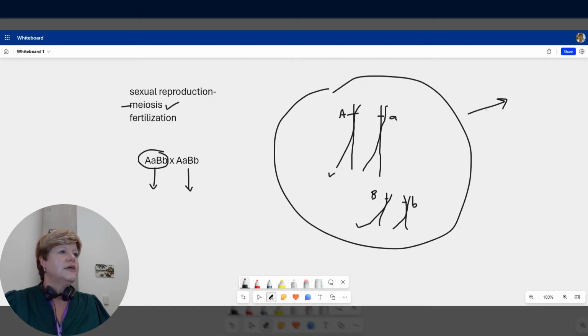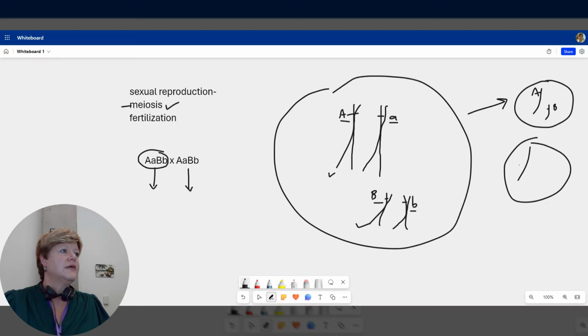So what we're going to say is that if we started with a diploid genotype, big A, little a, big B, little b, then meiosis can produce gametes that contain a big A on the big chromosome and a big B on the small chromosome. But it's also possible to get a gamete that has a big A on the big chromosome, but a little b on the shorter chromosome.